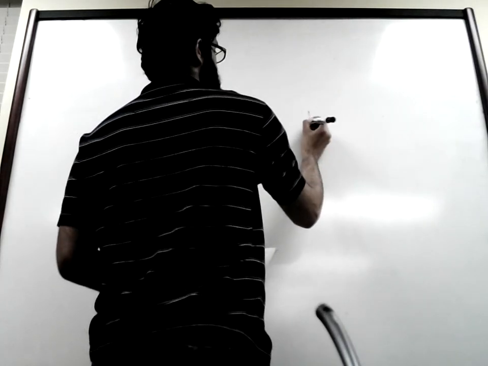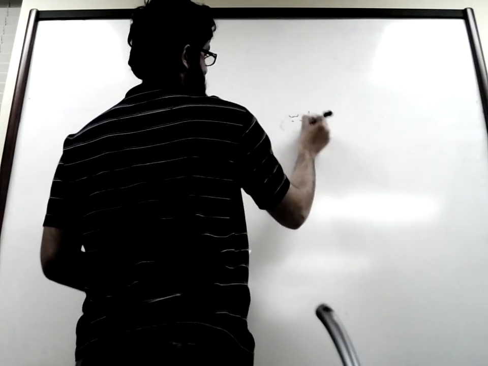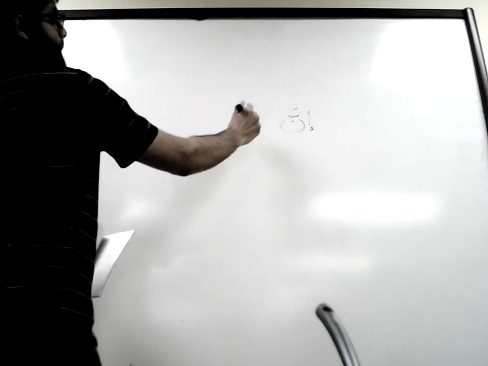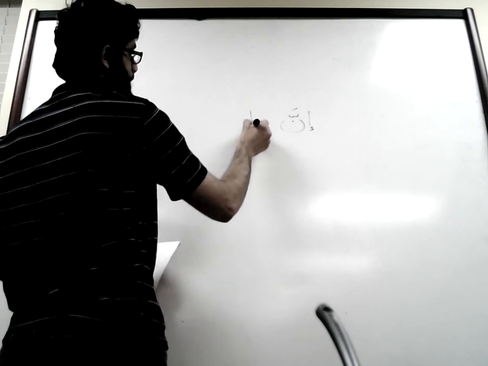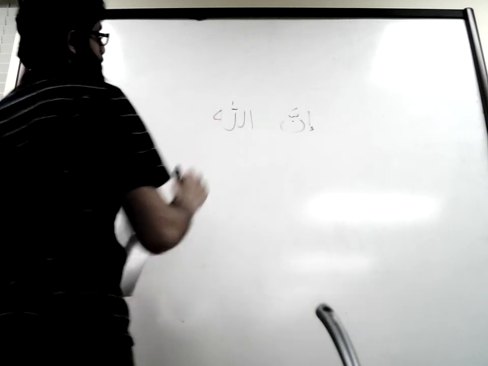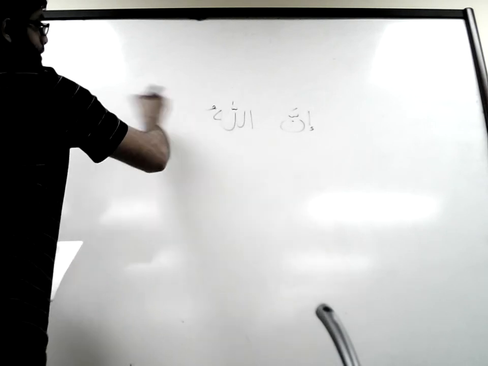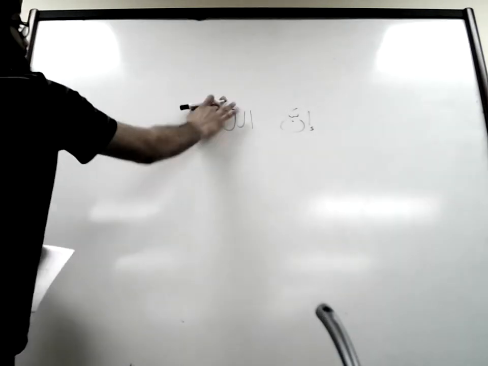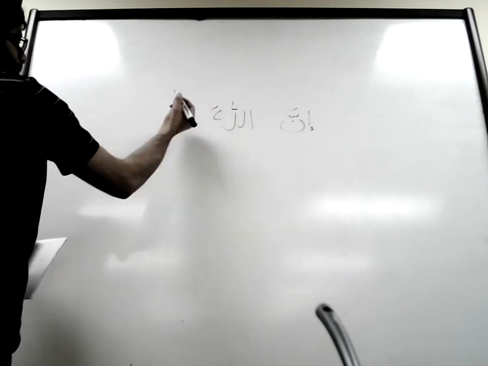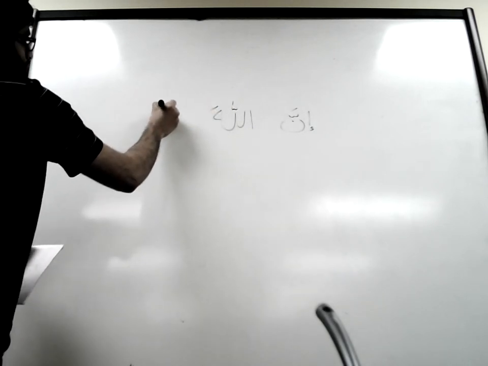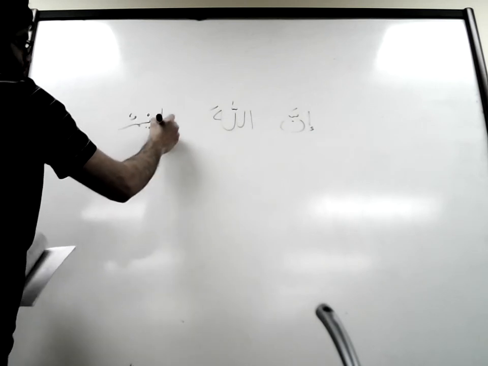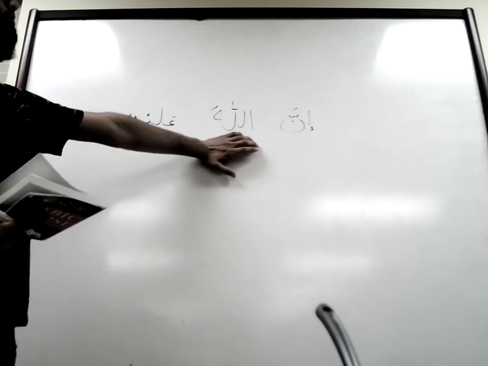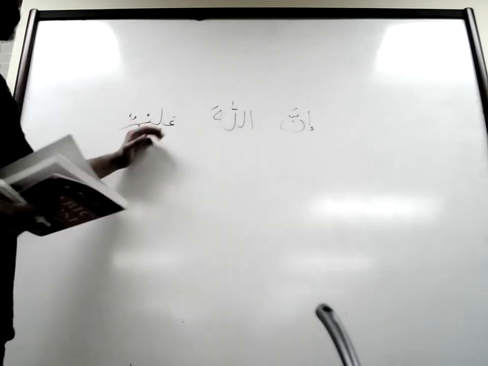So what happens with these particles is that they make the word that comes after it what? Mansoob, right? So if I'm saying Allah, indeed Allah. So instead of saying Allahu, I'm going to say Inna Allaha. And then if I want to say Alimun, all-knowing, I can just write Alimun. So whatever happens, the ism becomes mansoob, and then the khabar stays the same.